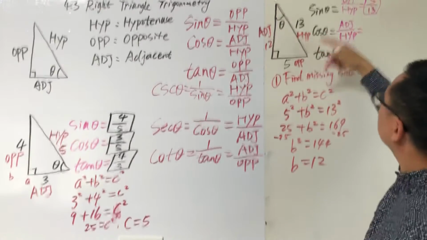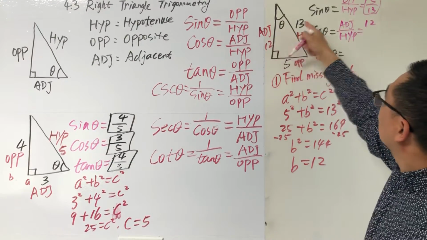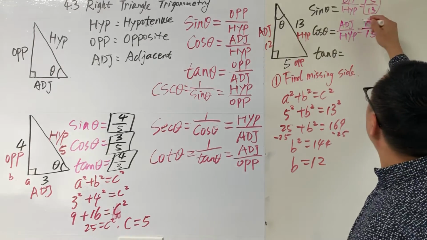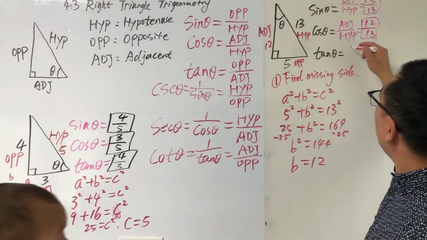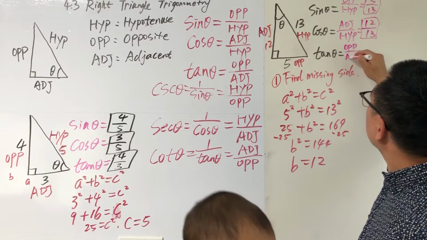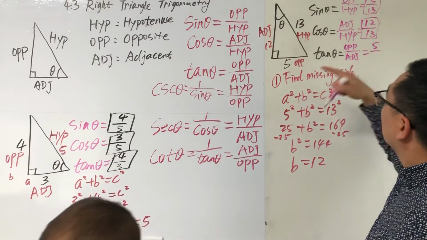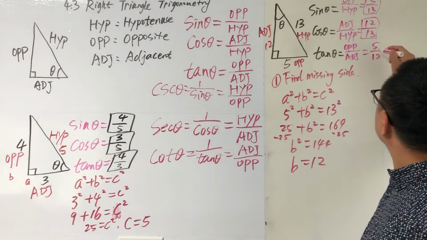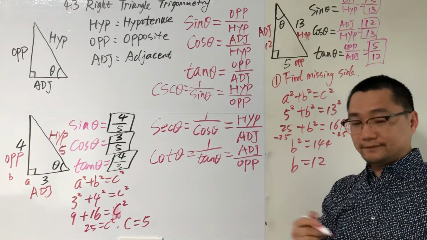So that means adjacent is 12, hypotenuse is 13. So that means cosine is 12 over 13. Okay? So now tangent is opposite over adjacent. So opposite is 5, adjacent is 12. So that means tangent is 5 over 12. Easy, right?